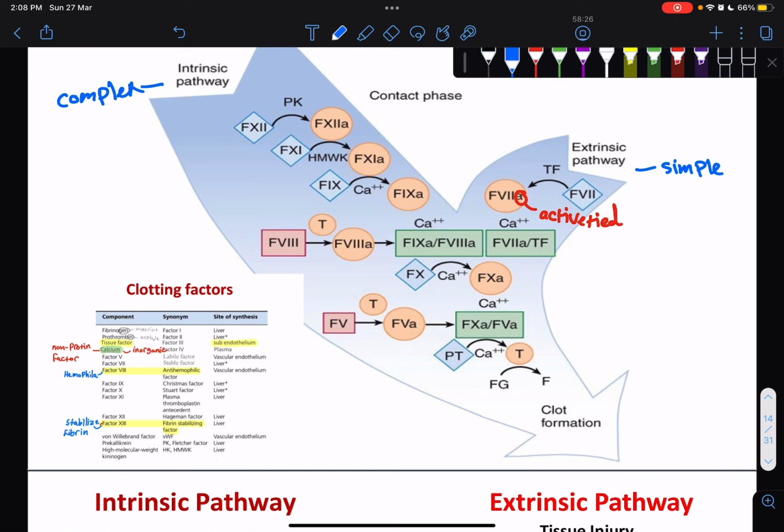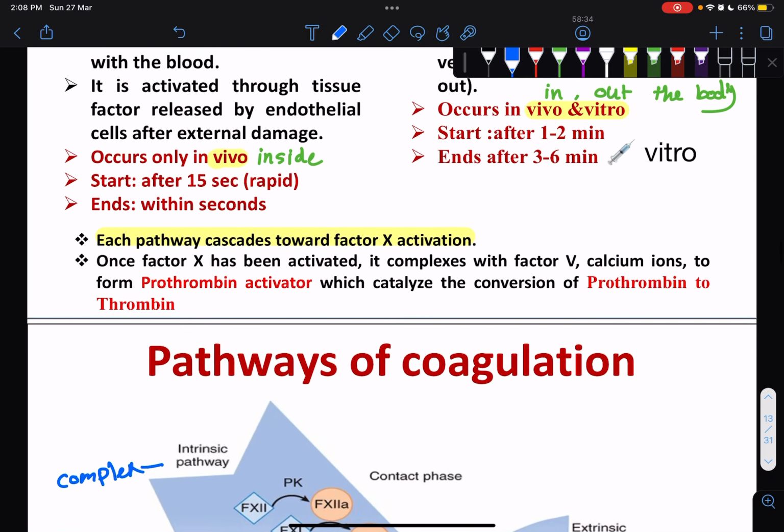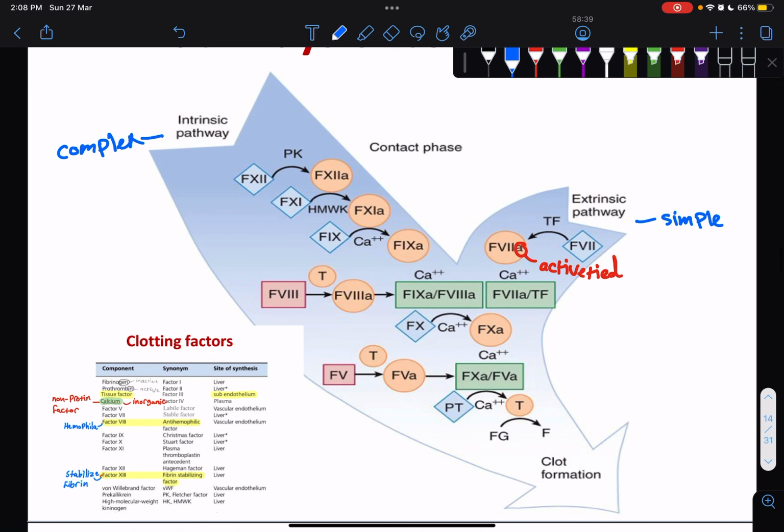Outside the body it's extravascular, but it's in vitro. And in vitro, when it comes in contact with glass or any smooth surface, then this pathway will start. So the first point is the contact with the glass or contact with any surface. When the blood comes in contact with any surface, then this pathway starts.